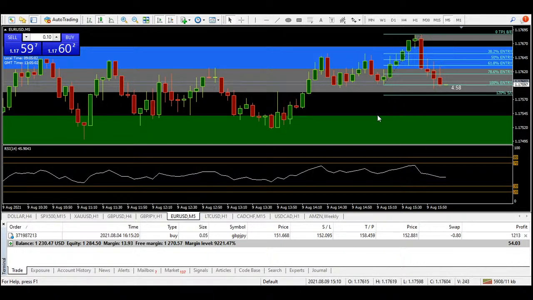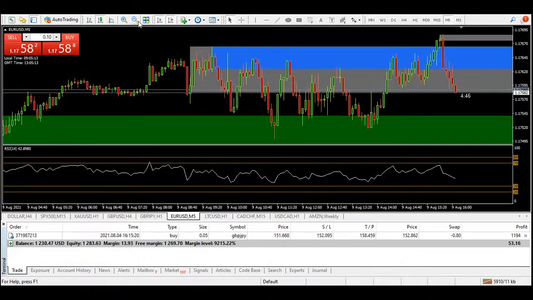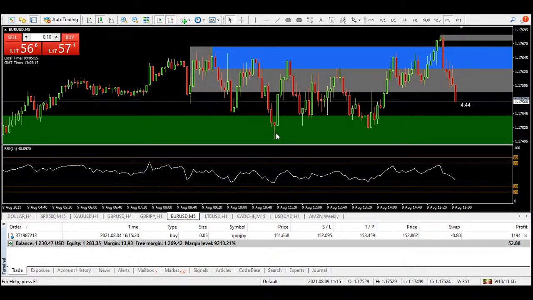Technically, the last swing, if we go swing high, swing low, technically the last swing was here.